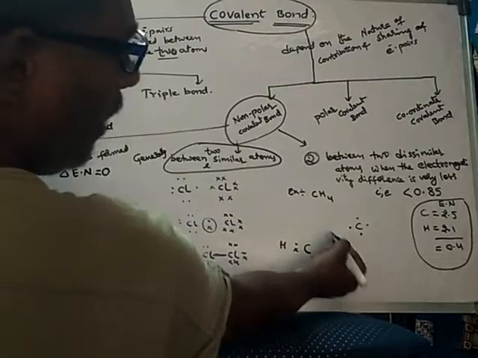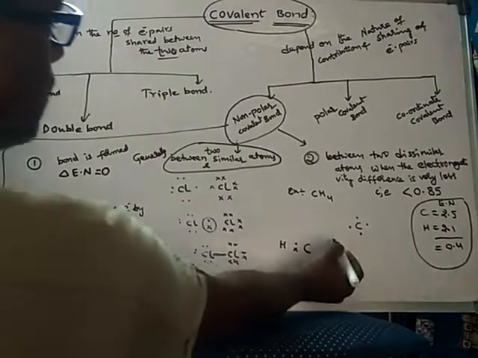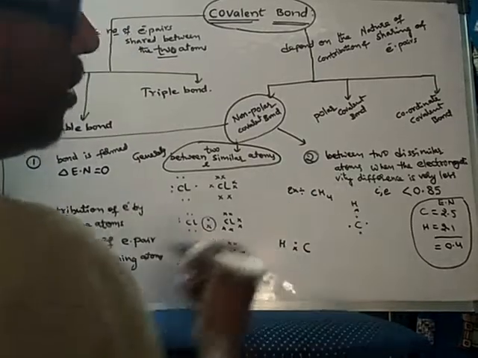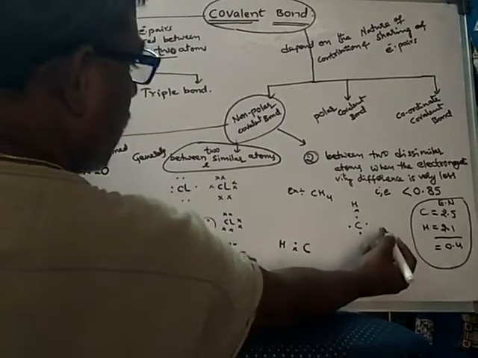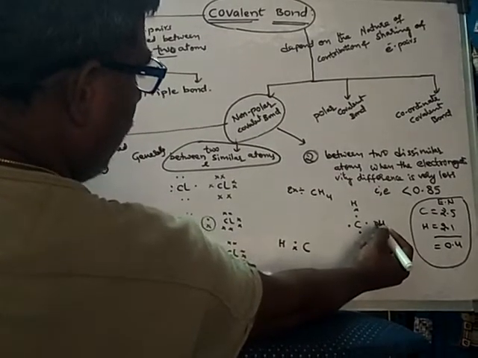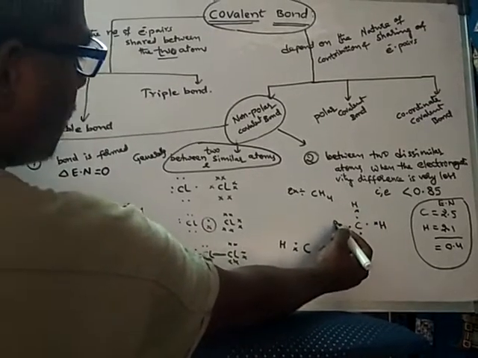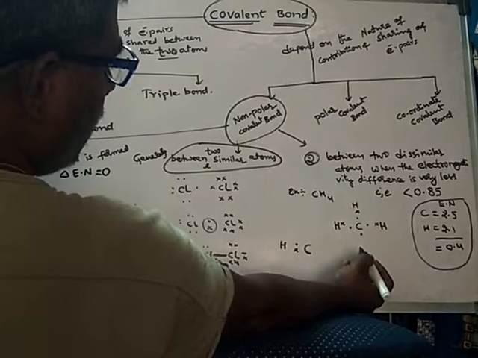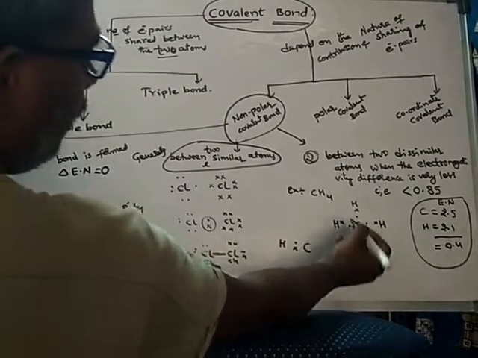Every hydrogen atom has 1 electron in its valence shell. So this carbon is combined with 4 different hydrogen atoms.